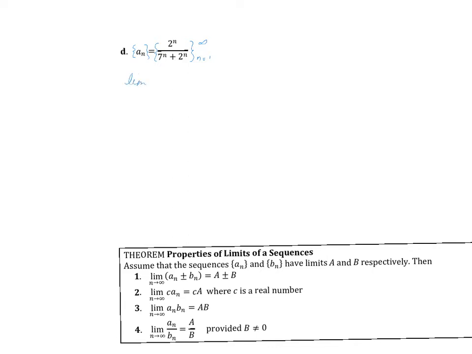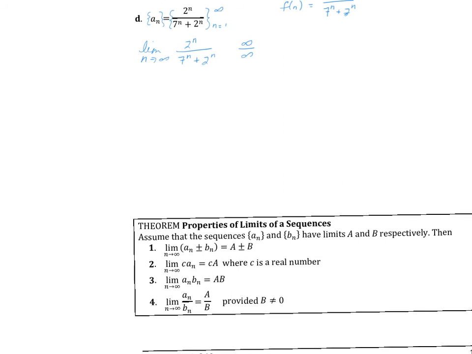If I take the limit as n goes to infinity of 2 to the n over 7 to the n plus 2 to the n, and here I'm assuming that my function is 2 to the n over 7 to the n plus 2 to the n. So as n goes to infinity, this is going to be 2 to the infinity is infinity, and then in the denominator I get infinity plus infinity, which is infinity. I get an indeterminate form.